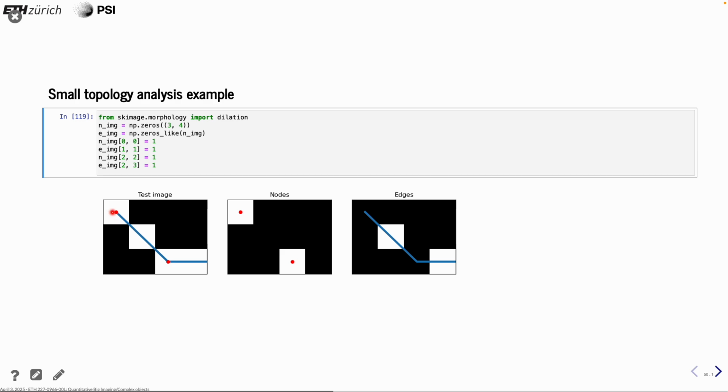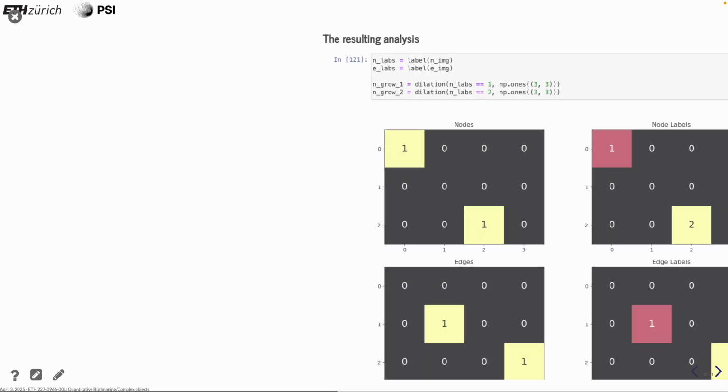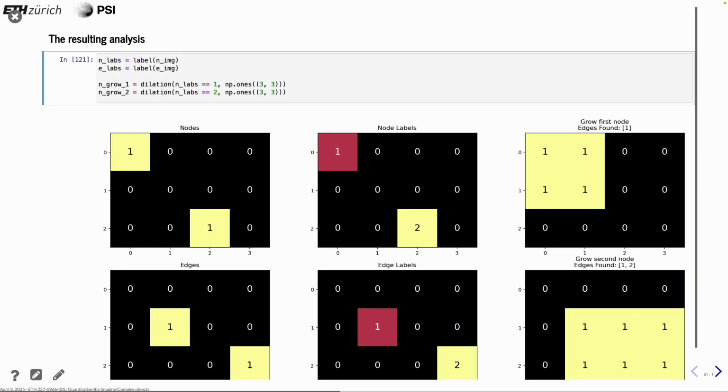And what we have is our test image, just a little nicer plotted. And so we have our two nodes, and they are like this in the image, and we have the edges, which should be a line like this. Now, how we connect them is by applying dilation on the different labels. So here you have the node labels, and now I do a dilation of node 1, and I get a larger area.